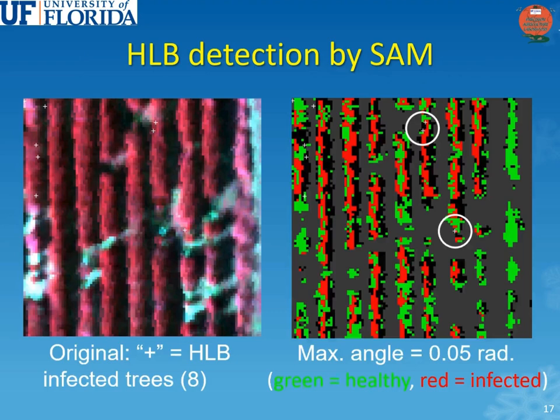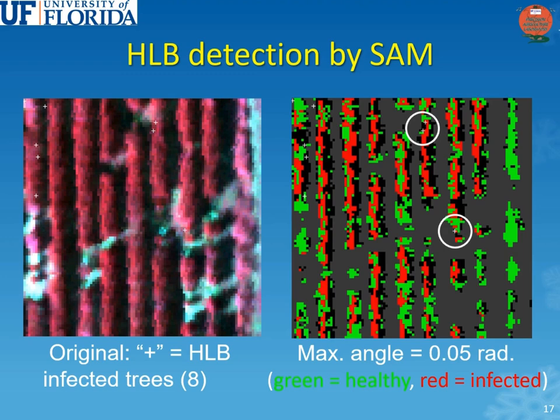Here is an example of detection by spectral angle mapping, or SAM. The left side is the infrared image, and the plus sign is an HLB infected location. The right side is the same result.